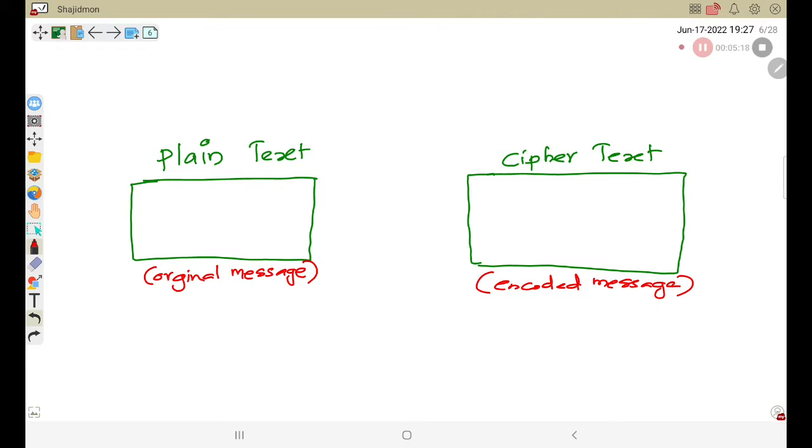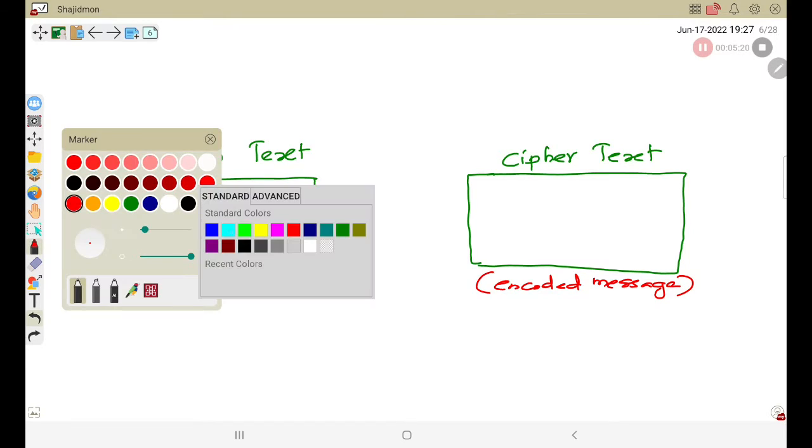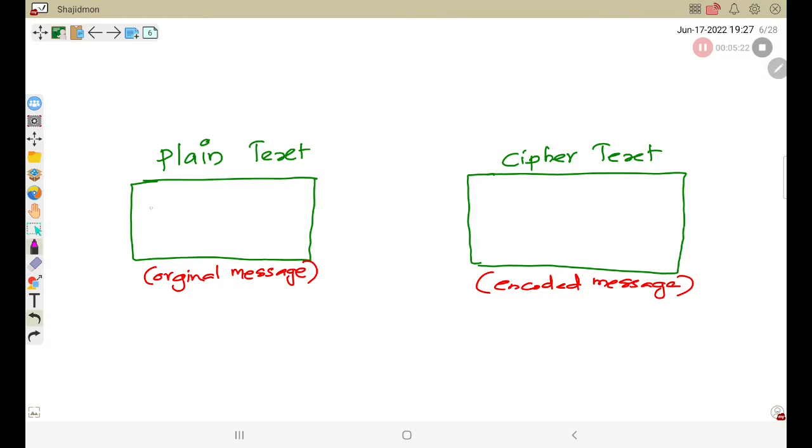For understanding, for example, I am choosing "how are you" as the plain text, the original message. Now the encoded message or cipher text is like using some symbols, some notation here, whatever it is, just for understanding.